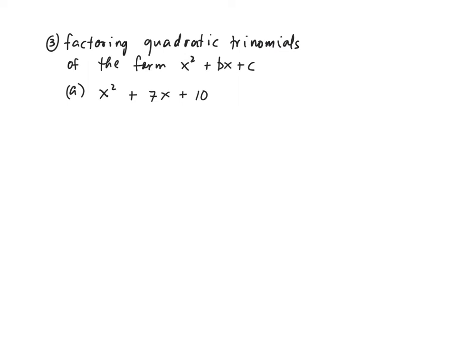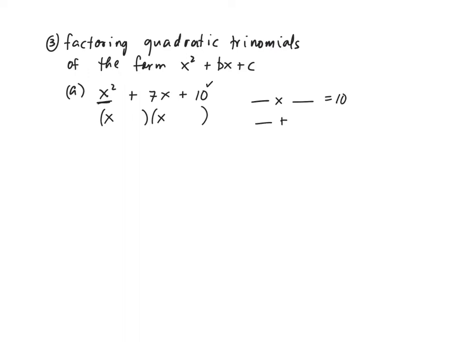And we learned that the factors of this kind of trinomial are two binomials. The first term of each binomial is just the square root of the first term. So the square root of x squared is x. We find the second term of each binomial by looking for two numbers, so that when you multiply these two numbers, the answer is 10.